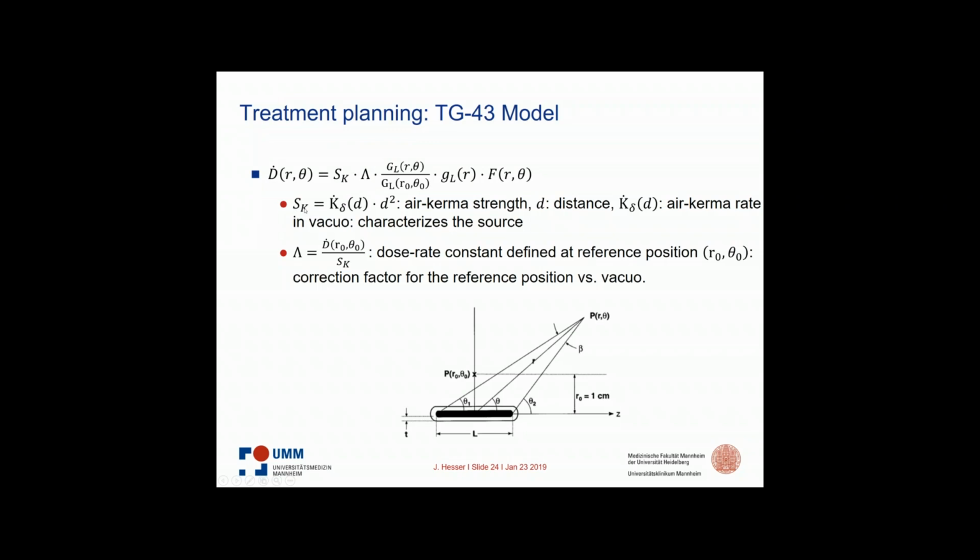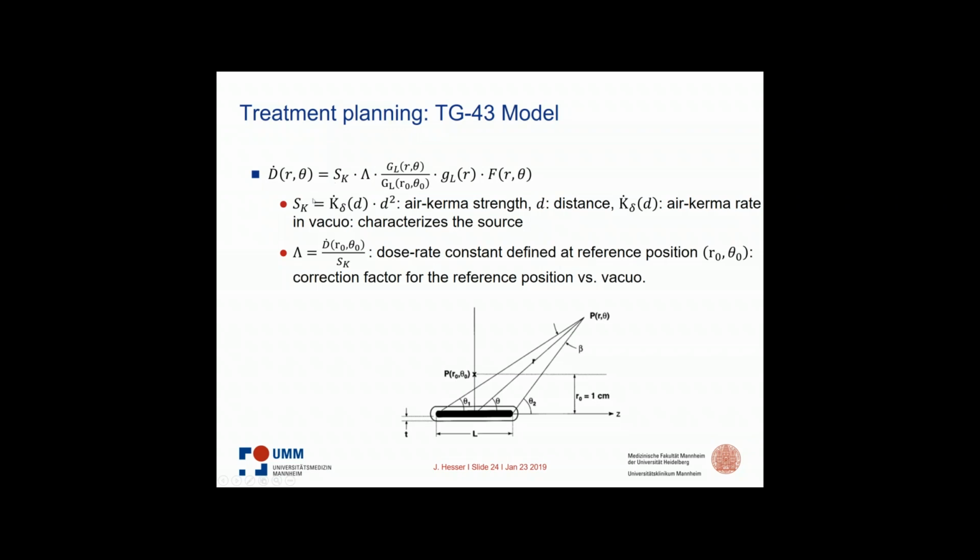Whenever you have a source, you can define S_K, this first parameter, as the air kerma rate K-dot as a function of d, times d squared. d is the distance, which in this case we measure relative to the reference point, so at the reference point the distance is 1 centimeter.